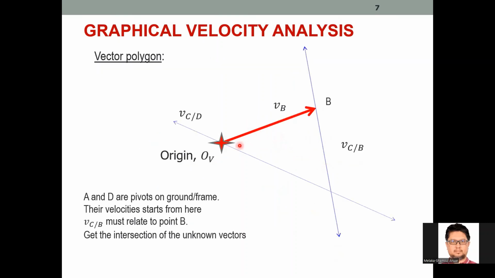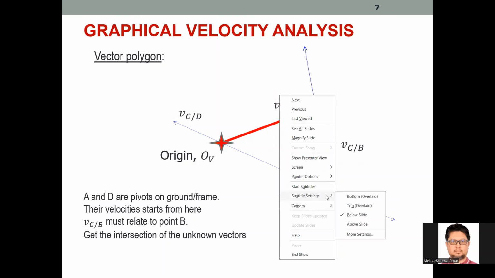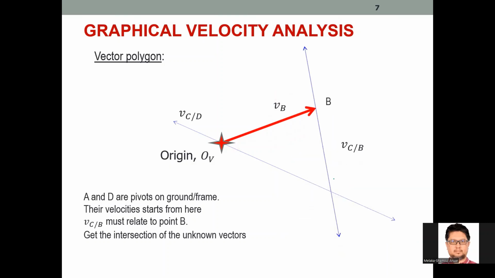Okay, like I said, this VB or VB/A. So we can say this is also similar to VB/A, but since A is a fixed pivot on the ground or on the frame, we usually just drop it because it's not floating.